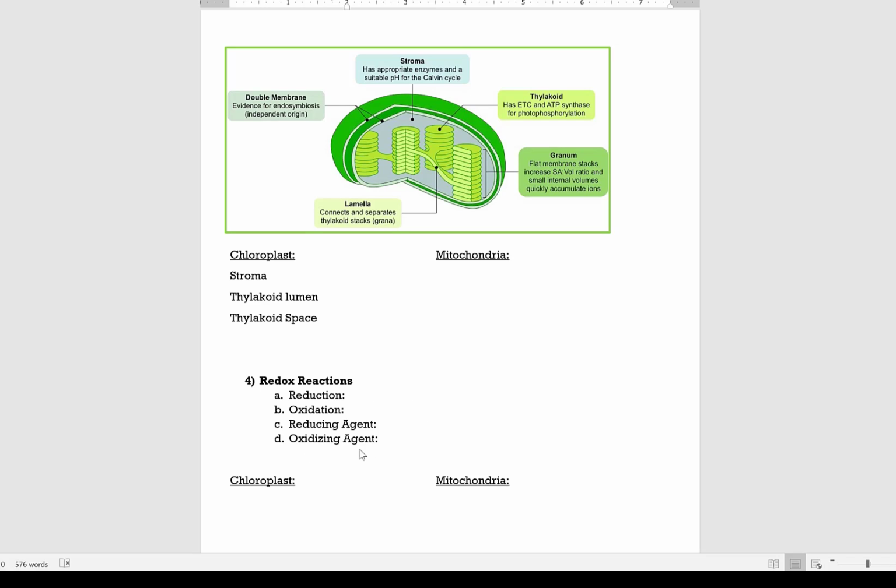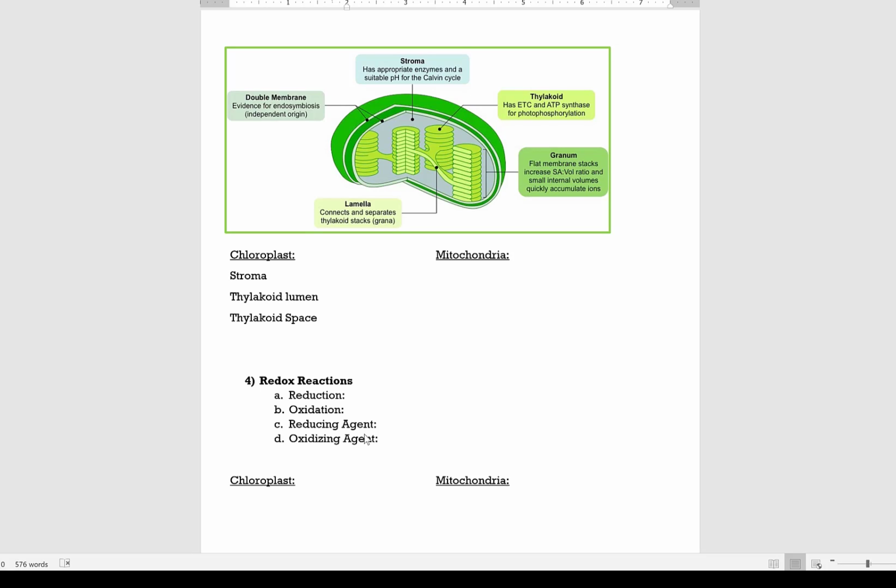An oxidizing agent is a molecule that oxidizes a second molecule. And in order to oxidize another molecule, it has to remove electrons from that molecule or atom, which in turn reduces the oxidizing agent.